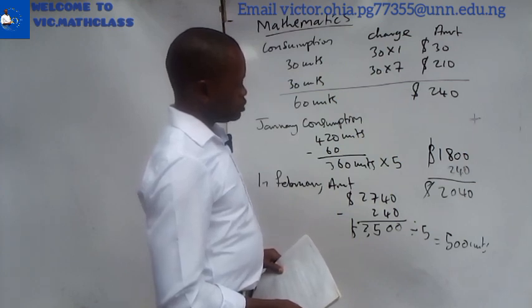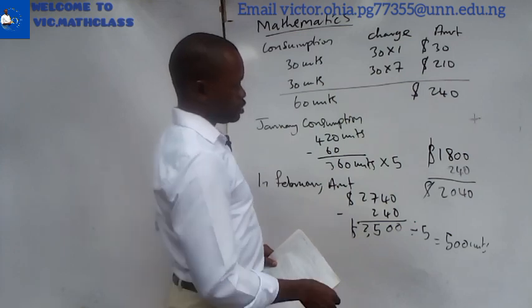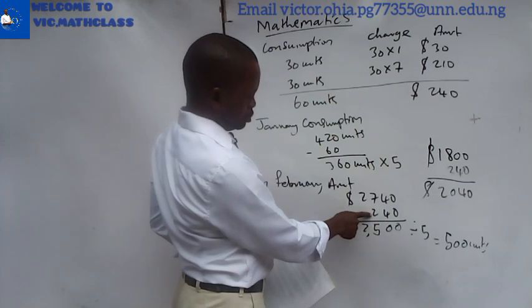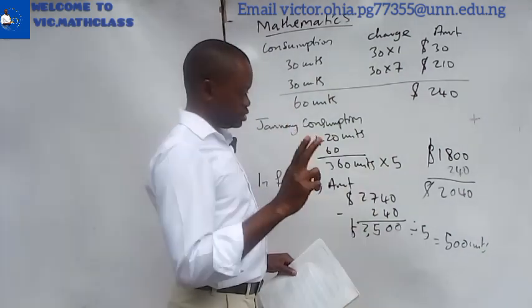Now, remember that this 500 units of electricity, this amount is coming from 30 and 30, which is 60.